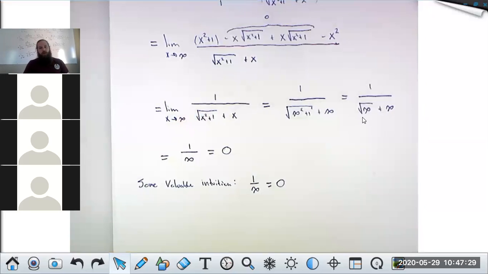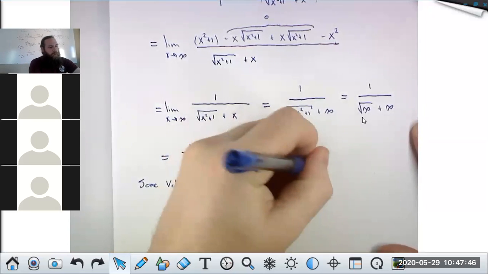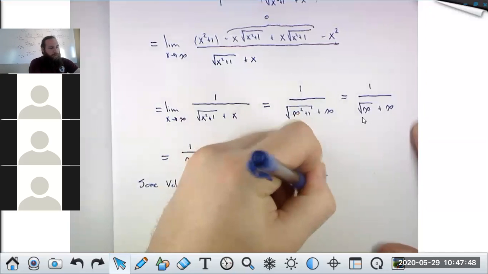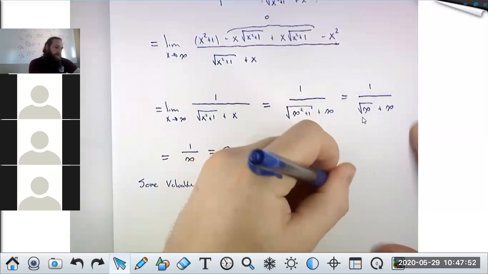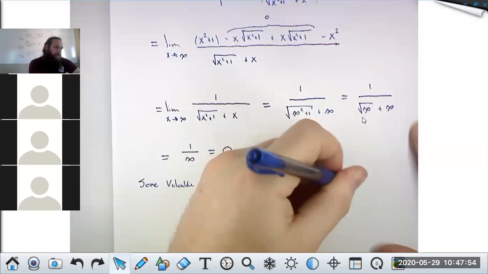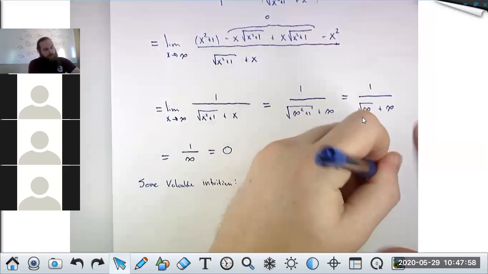The catch is infinity is not really a number, so doing algebra with it is a bit dangerous. But part of the purpose of a calculus class is to wrestle with this idea of infinity and to try to really understand it. What we're really saying here is that 1 over a really huge number is equal to a really small number.